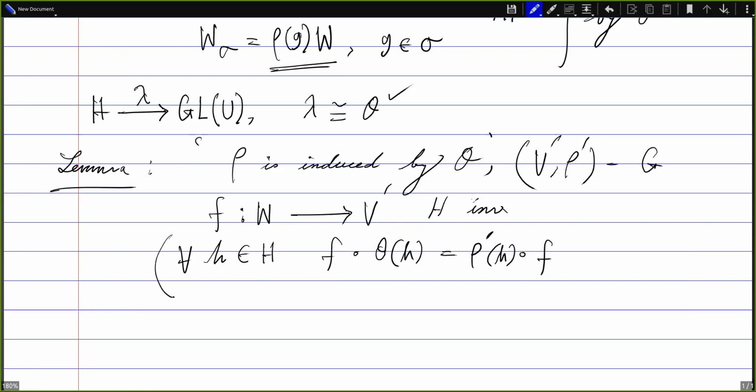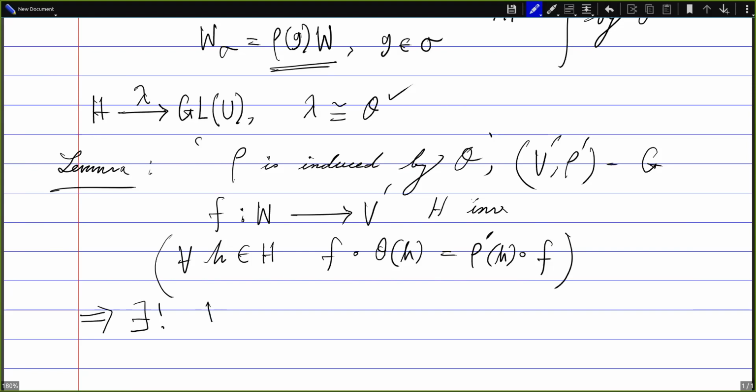By H invariance I mean precisely this. So now the lemma says that this f has a unique extension to a G invariant linear map to V.